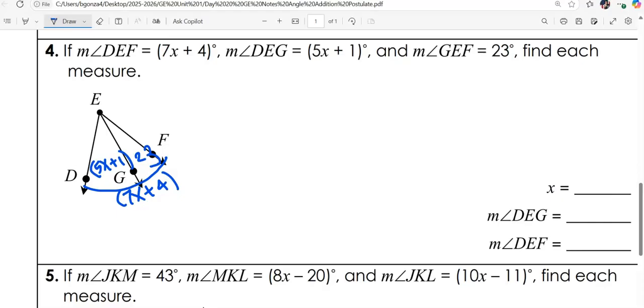I'm gonna do this a tad faster because we just did this. Okay? Left part, 5x plus 1, plus right part, 23, equals whole thing, 7x plus 4.